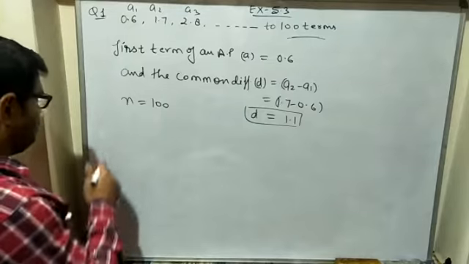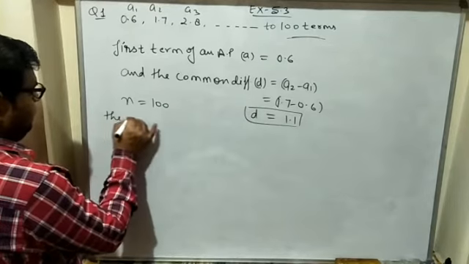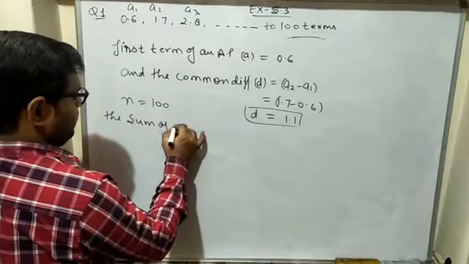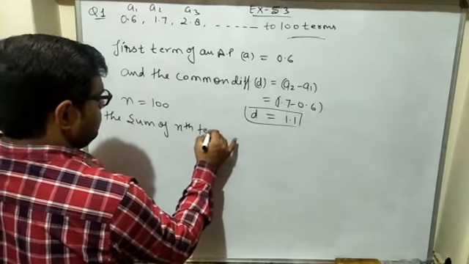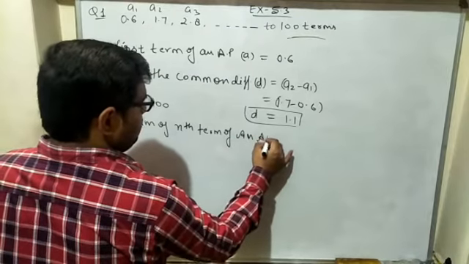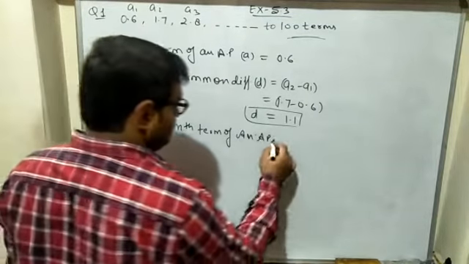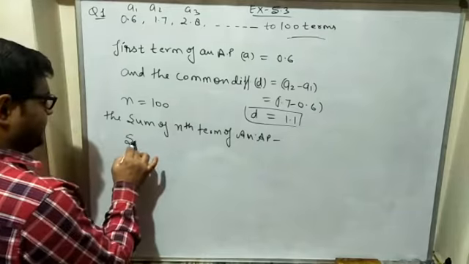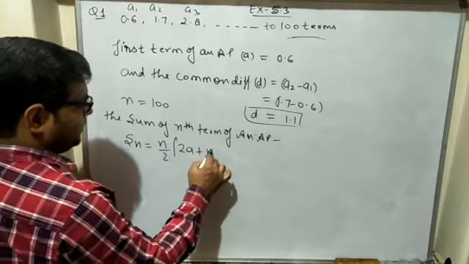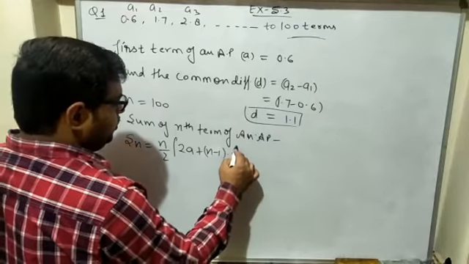So we write down the sum of n terms of an AP, that is Sn equal to n by 2 into (2a plus (n minus 1) into d).